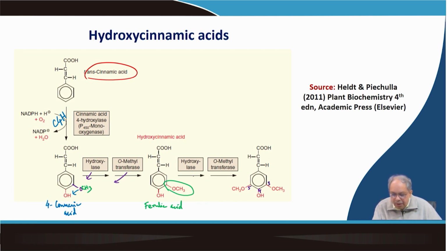Then there is a hydroxylase, and then it will be methylated, so methoxy eventually. This is called sinapic acid, or 4-hydroxy 3,5-dimethoxycinnamic acid. These are the different names.